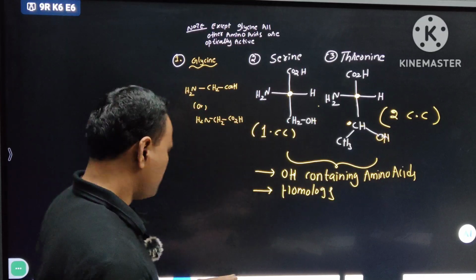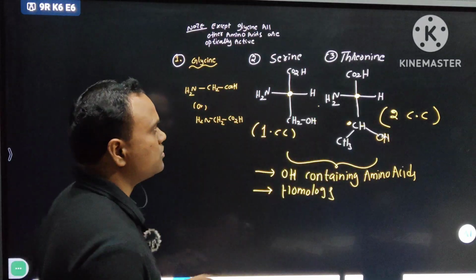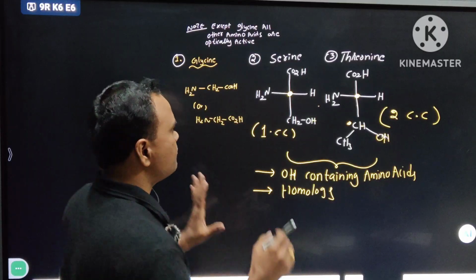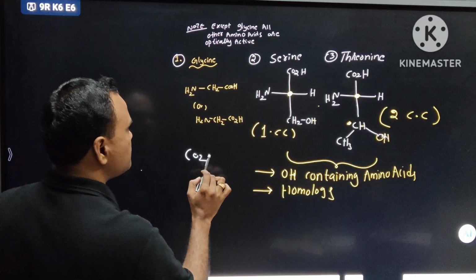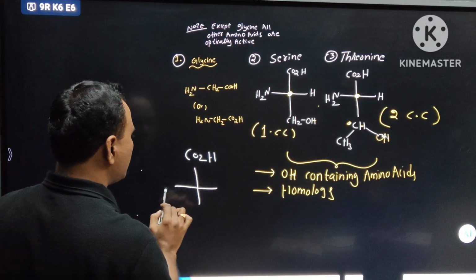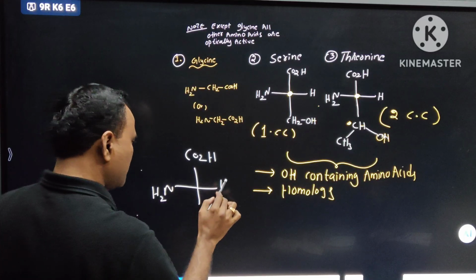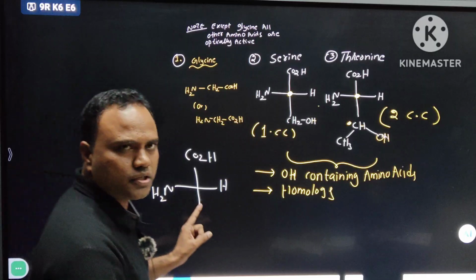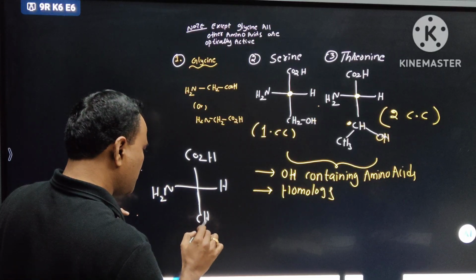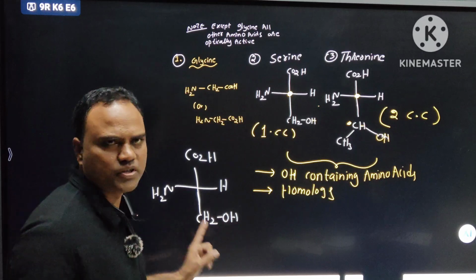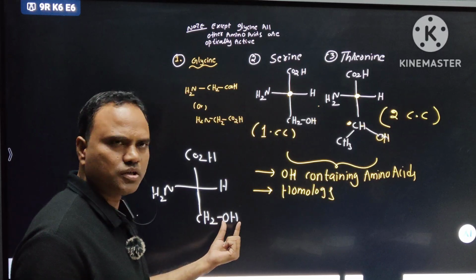Right. Now see how to draw the structure of serine and threonine. This unit is common. Amino acid means that it contains carboxylic acid and that contains amine, NH2. Right. Up to this is common. Now draw one line, write CH2OH for the first one. Alcohol should be present now.